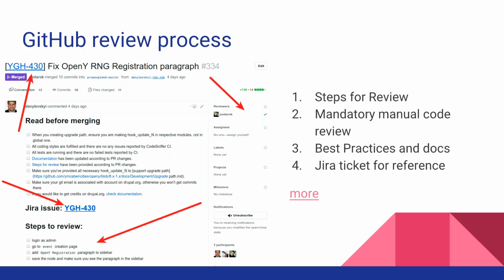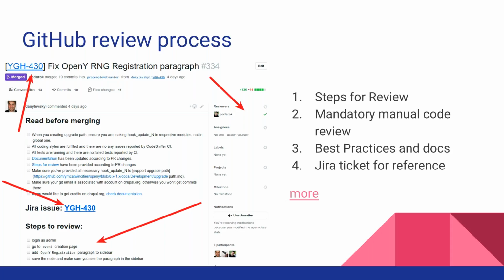And also, here, developers should ask for the review from a specific member of the team on the right side of the message. We have a practice of choosing the reviewer by the round-robin principle.